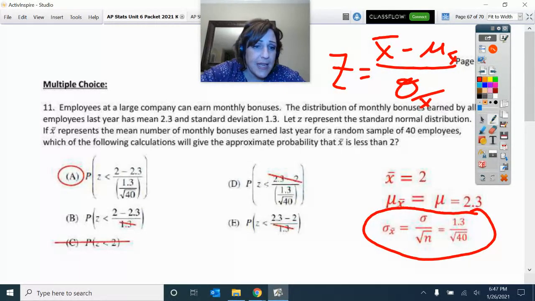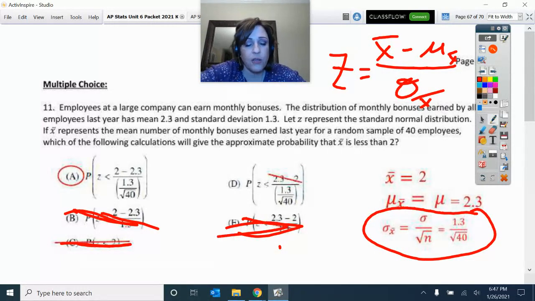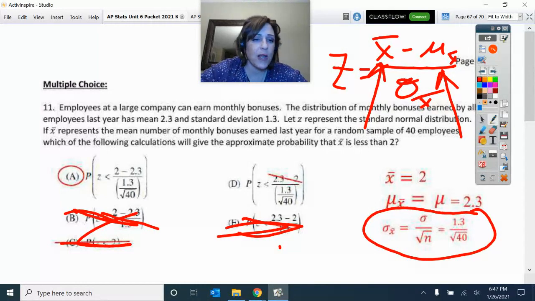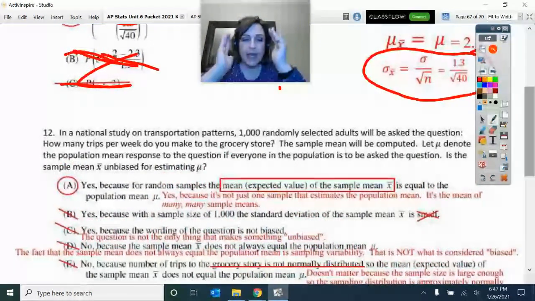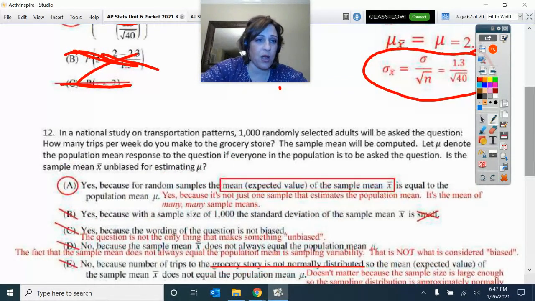Okay, so that in itself makes me be able to mark off 3 of those answer choices. Okay, then it needs the sample x bar minus the center of the x bars. And that's why then it's the 2 minus 2.3. Here, okay, so I want to hold off on this problem.